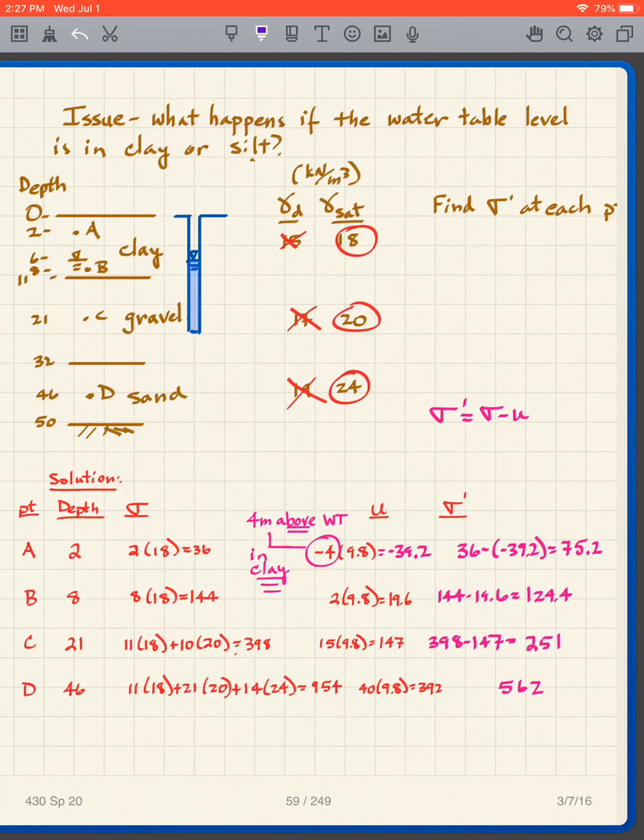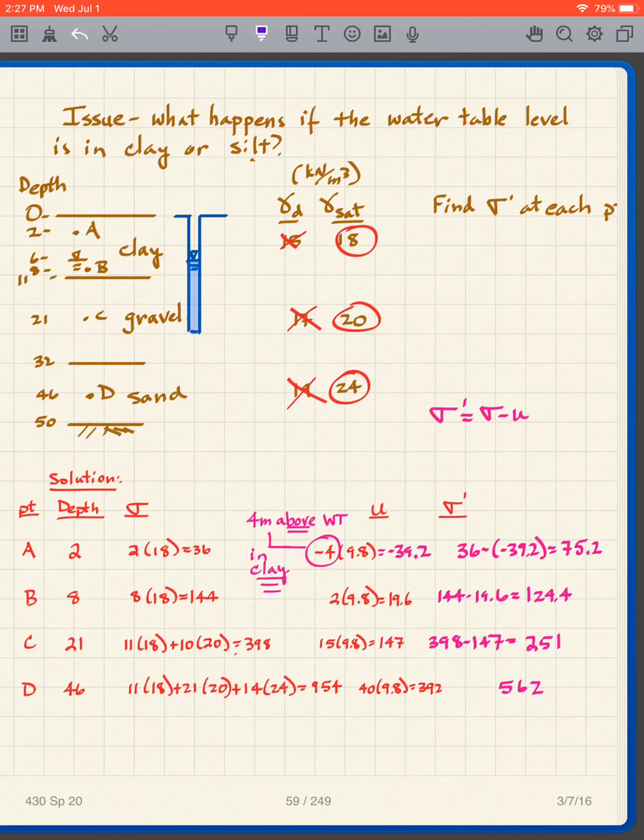This is an issue because, if you remember, clay and silt are fine-grained soils, and one of the things that distinguishes them from coarse-grained soils is that fine-grained soils hold the water. Once they're wet, they don't want to let go of their water. You've probably experienced it in the lab, where the only way to get the water out is to put it in an oven or let it dry out.